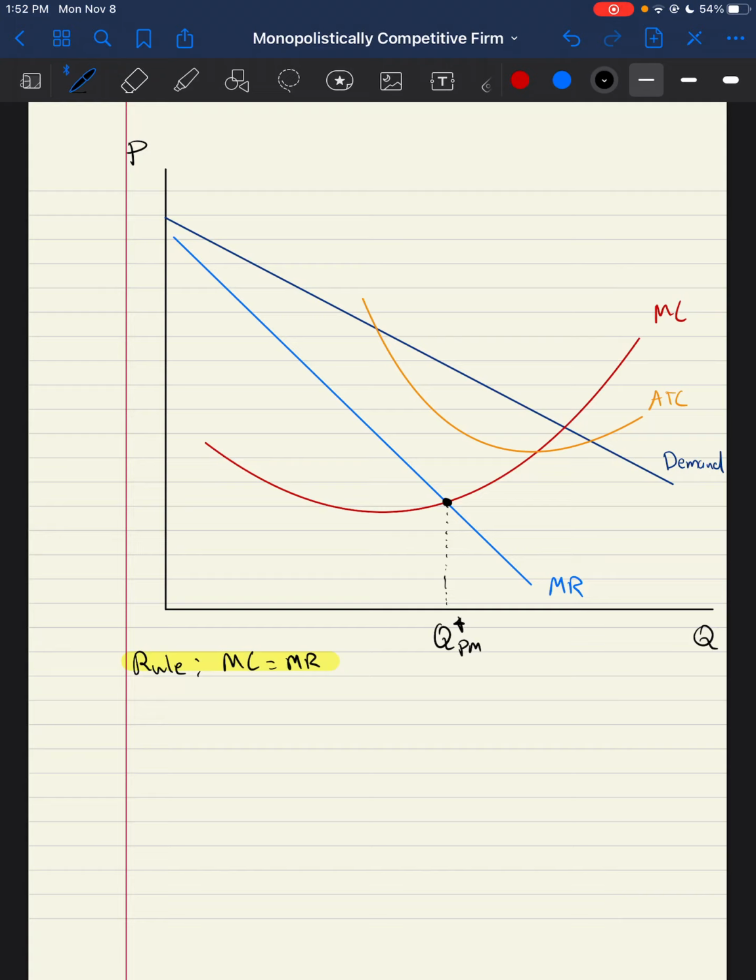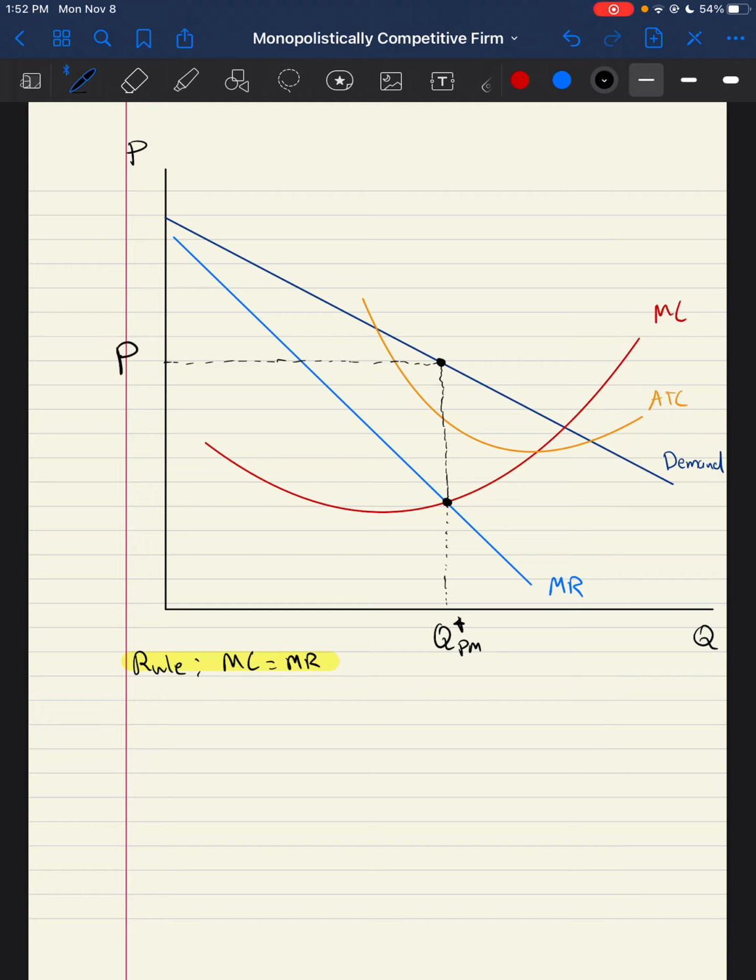In this firm, because they are monopolistically competitive, the price is determined by the demand curve. So what we do is we continue up from this Q star PM point until we intersect our demand curve, and that is going to be the price.